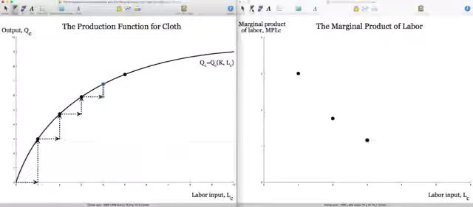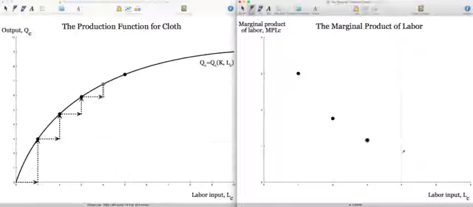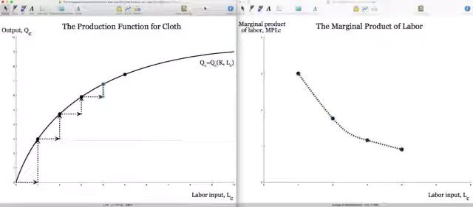So on the margin, that worker gives us 0.9. And if we connect all of those points together, we can see that that gives us the marginal product for the workers in cloth production.